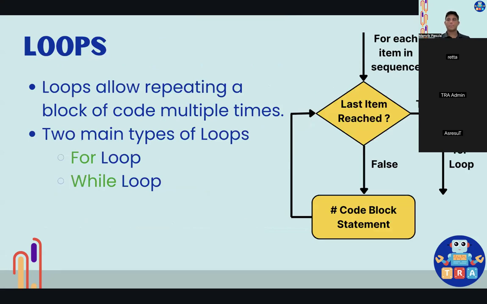All right, so let's look at loops now. Loops basically allow you to repeat a block of code multiple times, okay? You can think of it like running a lap or a race.